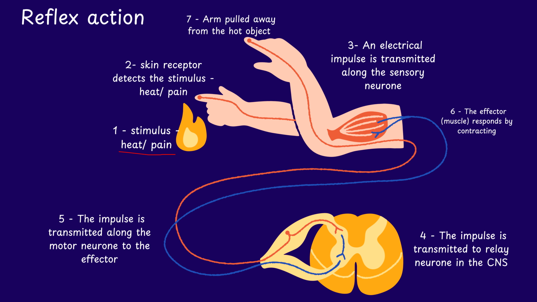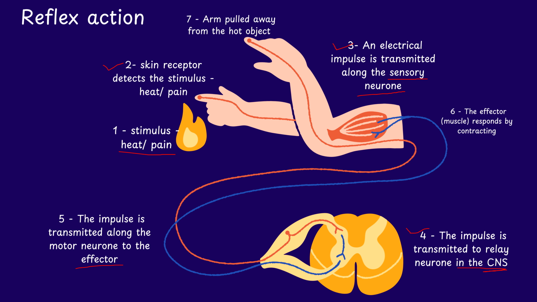Number 2, the skin receptors detect the stimulus. Number 3, an electrical impulse is transmitted along the sensory neuron. You must name the neuron. Number 4, the impulse is then transmitted to the relay neuron, and please say where the relay neuron is found. Number 5, the impulse is transmitted along the motor neuron to the effector.